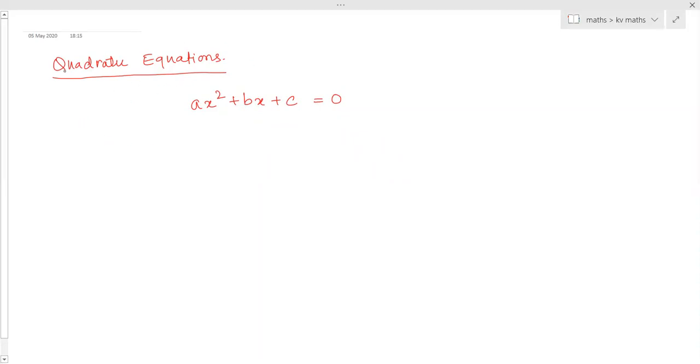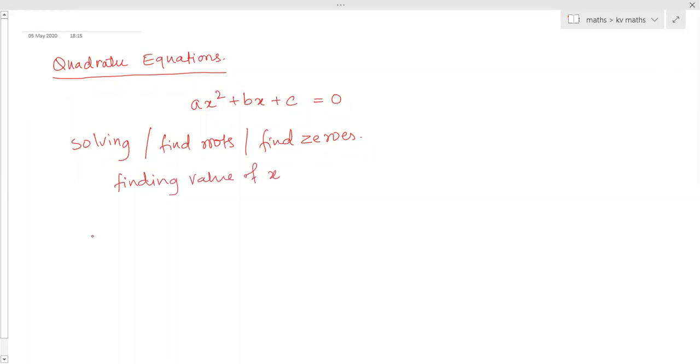Solving a quadratic equation, or finding roots, or finding zeros, all are the same. All of these three things mean finding the value of x, or any variable.